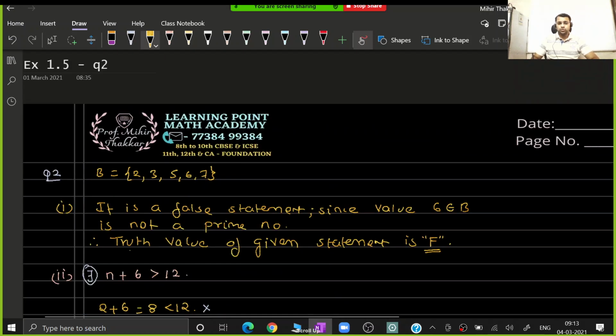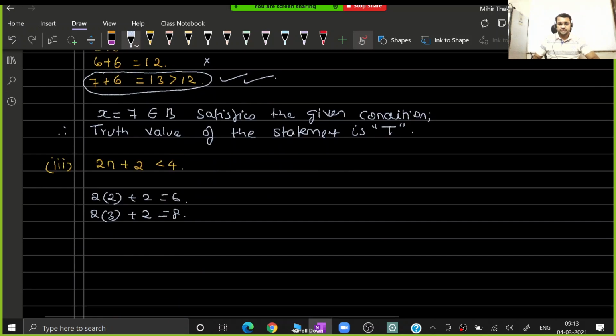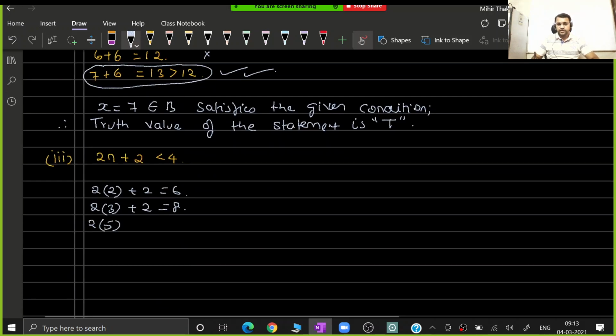The values are 2, 3, 5, 6 and 7. 2 into 2 plus 2 is equal to 6. 2 into 3 plus 2, 6 plus 2 is 8. 2 into 5 is 10 and plus 2 is 12. 2 into 6 is 12, 12 plus 2 is 14. 2 into 7 is 14, and 2 more is 16.